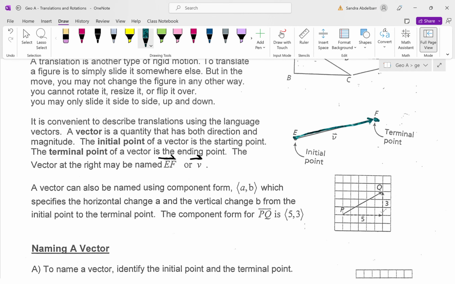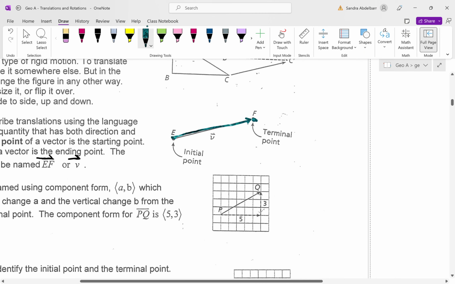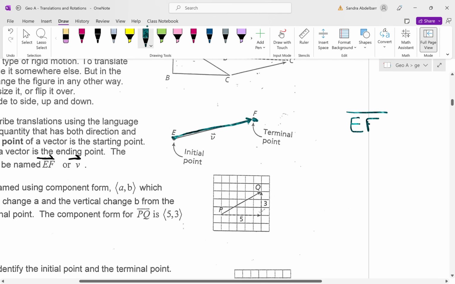So some people relate it to a segment. They're like, well, a segment has a start point and an end point and it has a length. That is true. It is similar to a segment in that sense. The difference is a segment doesn't have direction, where a vector does. So if I had segment EF, would it matter if I wrote EF or FE for a segment?